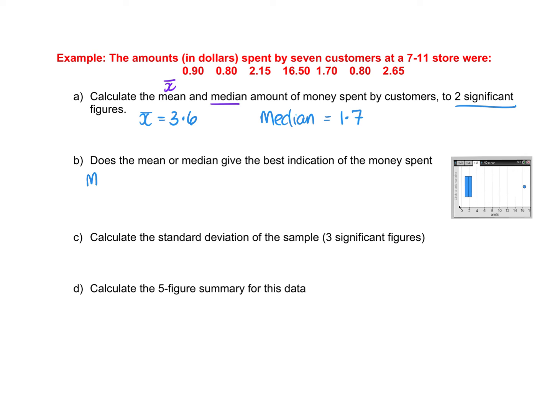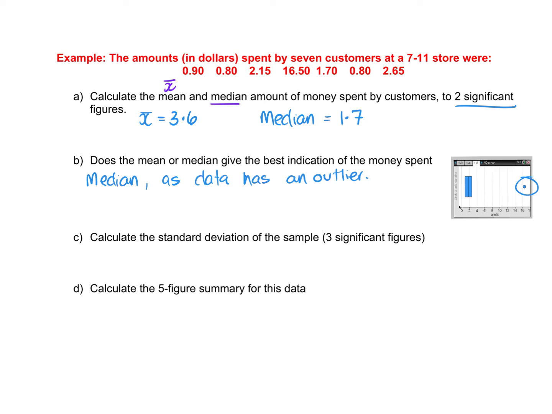So we're going to say that the median is our best indication, because the data has an outlier. Okay, so we're seeing the outlier there. So we wouldn't use the mean, so we'll use the median. It's a resistant statistic, not affected.